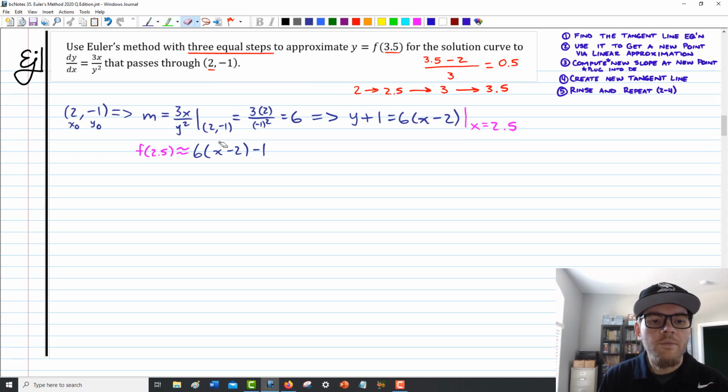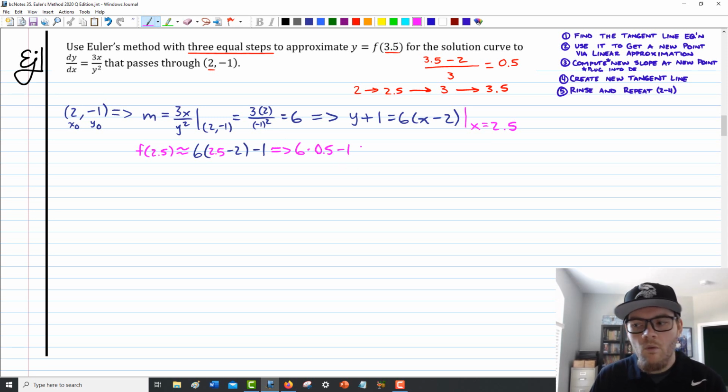But as we said, we specifically want to calculate the approximation at 2.5. So we'll plug in 2.5. When we do, that's going to lead us to our approximation being 6 times 0.5 minus 1, which is going to be equal to 2 if memory serves.